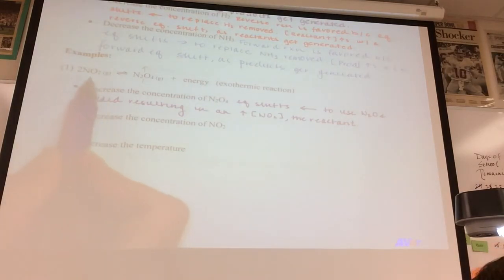So the concentration of nitrogen dioxide will increase due to the reverse shift in equilibrium.